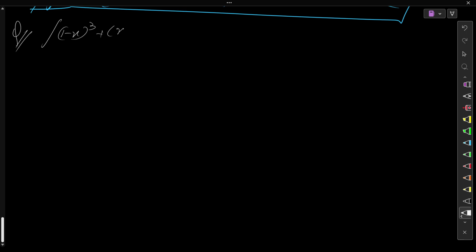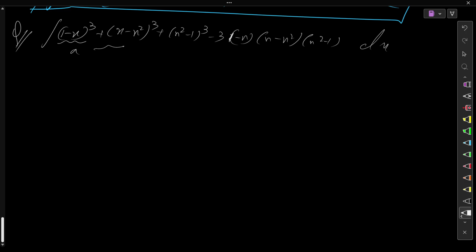So the integral of (1 minus x minus x square) whole cubed plus (x square minus 1) whole cubed minus 3 multiplied by (1 minus x minus x square) multiplied by (x square minus 1) dx. Instantly what's striking in my mind is that this is written in the form of a cube plus b cube plus c cube minus 3abc.